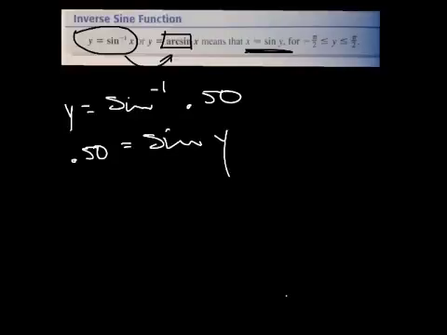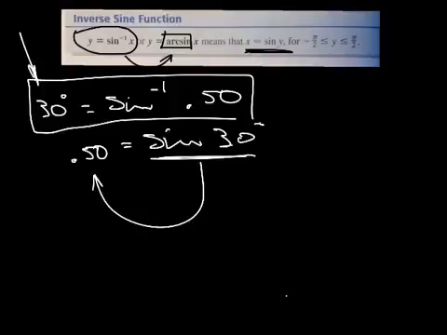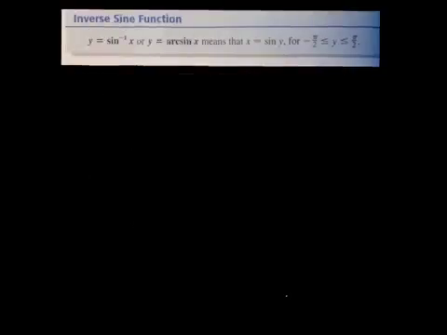So instead of a y, let me put a degree in here. 30 degrees equals the sine -1 of 0.5, the arc sine. So if you take your calculator and you put in 0.5 and then hit the sine -1 button, it will give you a 30 degree. Just like if you take the sine of 30 degrees, punch it in, it will give you that. So it's just going backwards. And that'll be the same again with cosine and tangent and all the other trig functions.